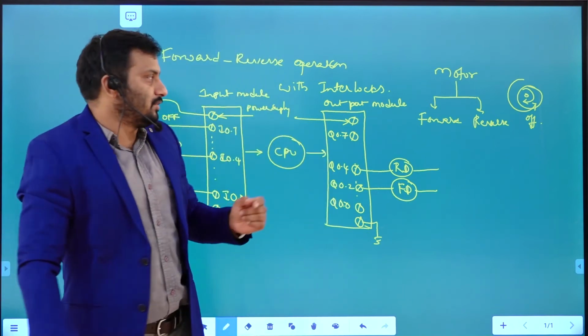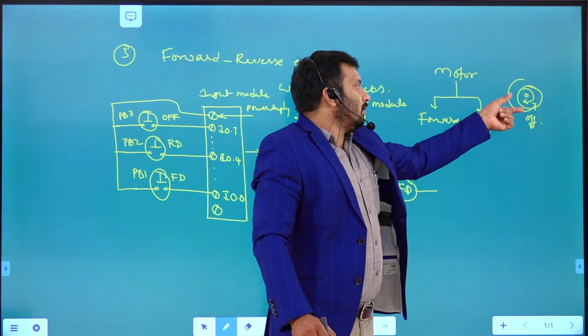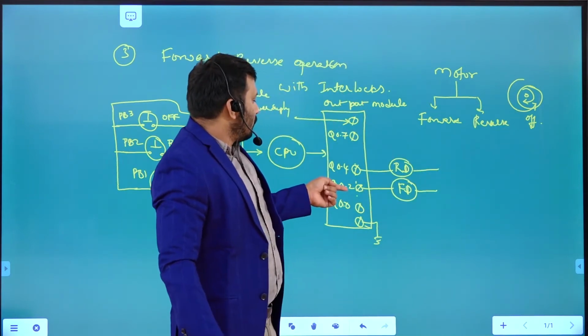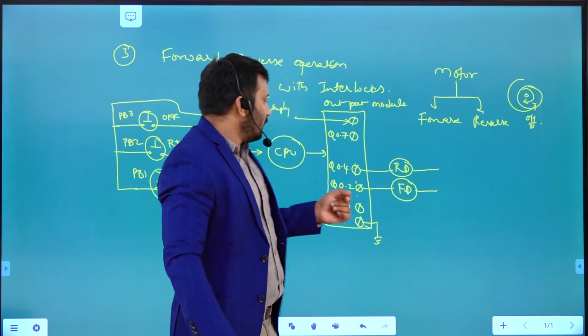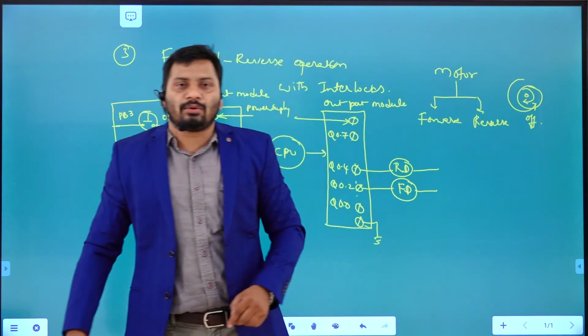To give supply to the motor coil to rotate in the forward direction, this is the terminal we are going to use, the third terminal. To rotate in the reverse direction, the fifth terminal is going to give supply to the coil.